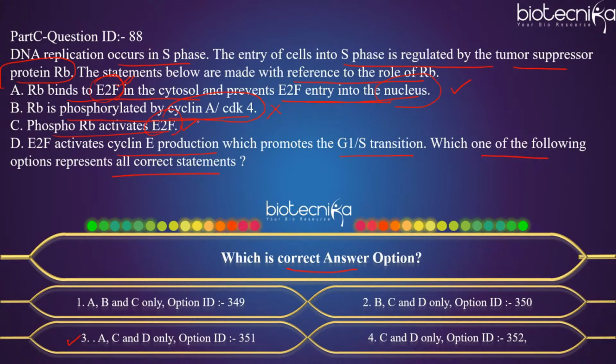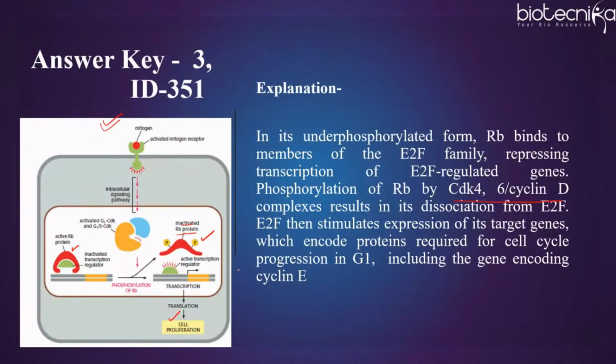So C is correct. Now D: E2F activates cyclin E production, which promotes the G1 to S transition, right? So definitely yes. Over here, if you see, it leads to the transcription of various proteins. Which proteins are those?